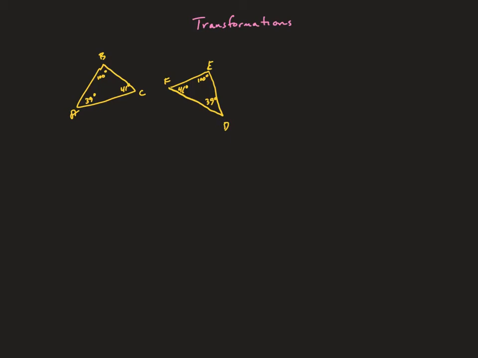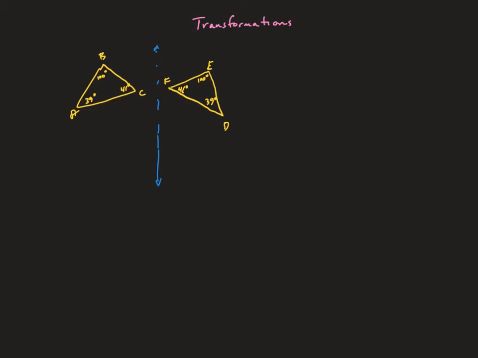We may have to look at its orientation, and if you notice, my 100-degree angle is up here, my 100-degree angle is up here, and I have my 41-degree angles sort of facing each other. So I could assume at some point in time that this must have been some form of reflection over some point, because the orientation is not the same. But I can end up mapping it that direction.